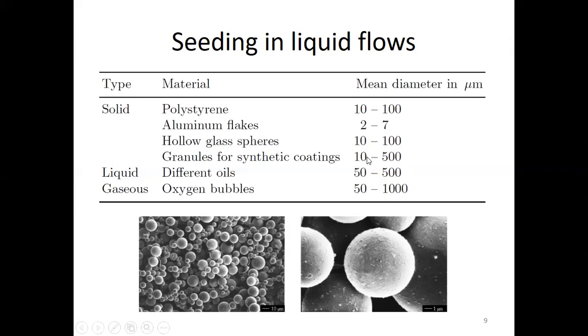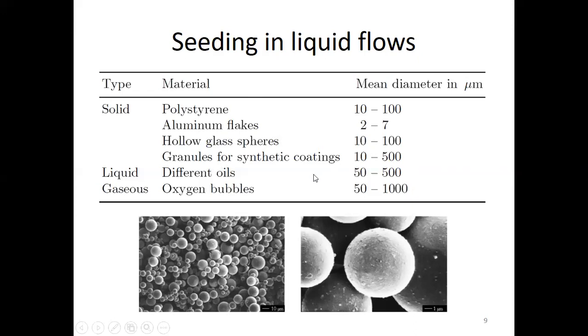Now, sometimes, as I told you, you don't want to destroy your flow. So instead of, or in addition to, solid particles, you can put liquid or gaseous impurities. Say you try to measure turbulence in mercury. When you talk about mercury, you should have different oils.